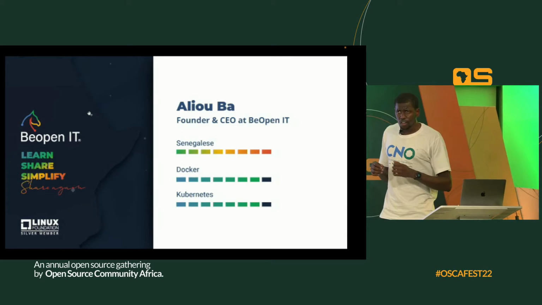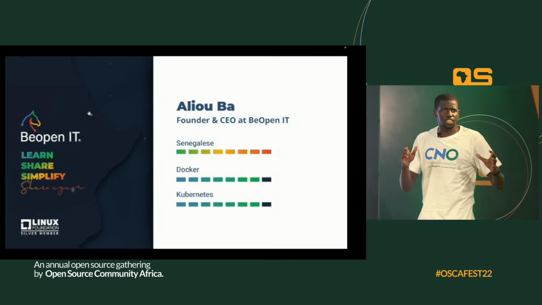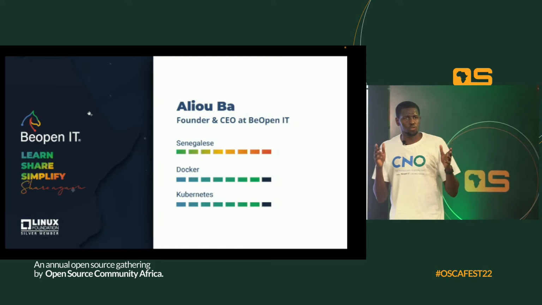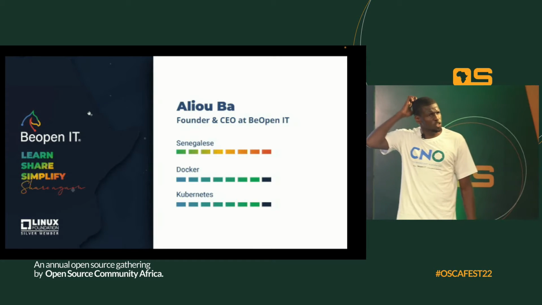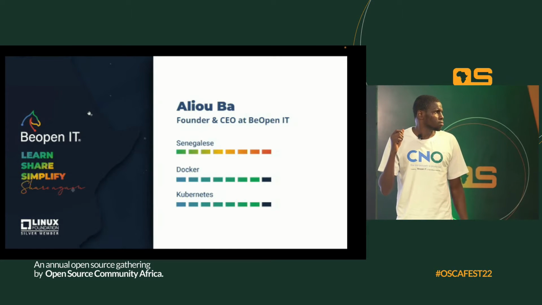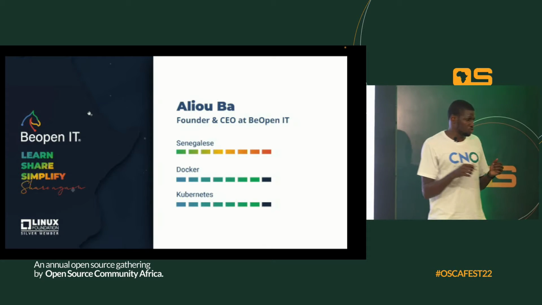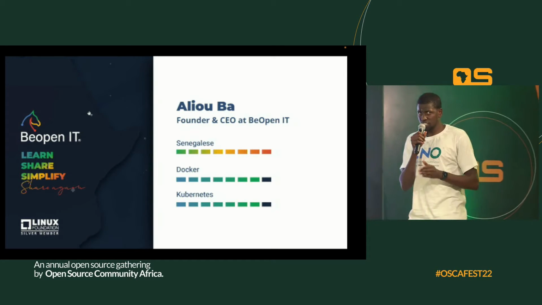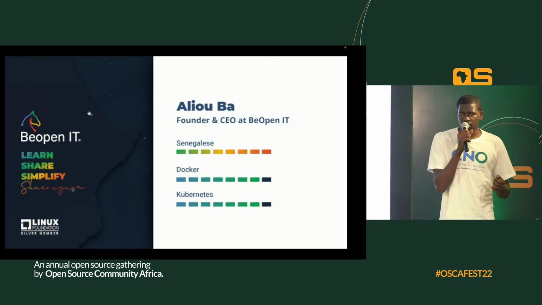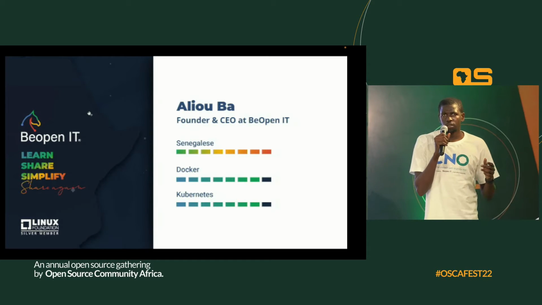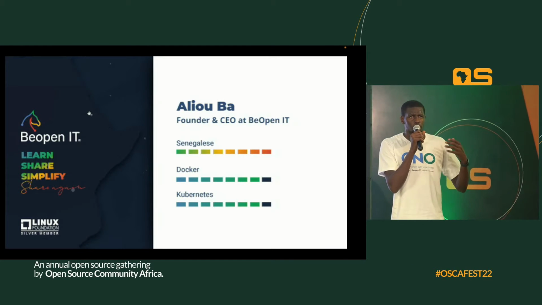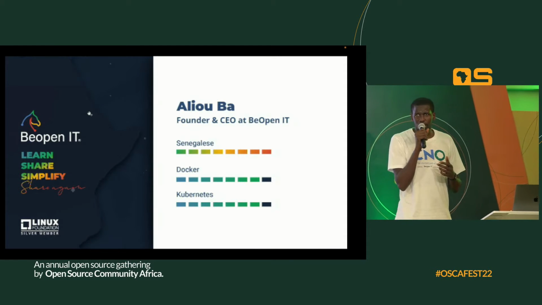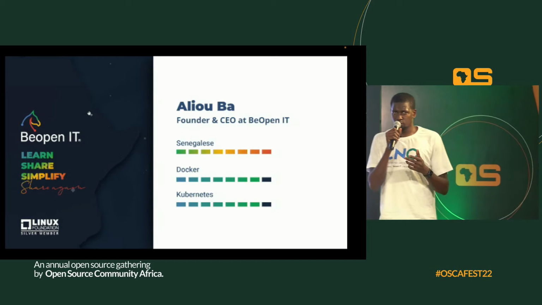So I started being very active in open source in 2015. My first contribution to an open source project was with the Docker project, to introduce stateful volumes to Docker with the Flocker driver. Then I started to help large companies to adopt Kubernetes.